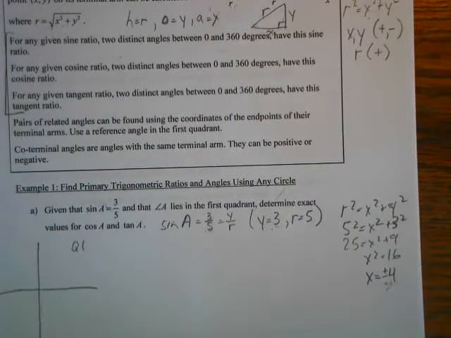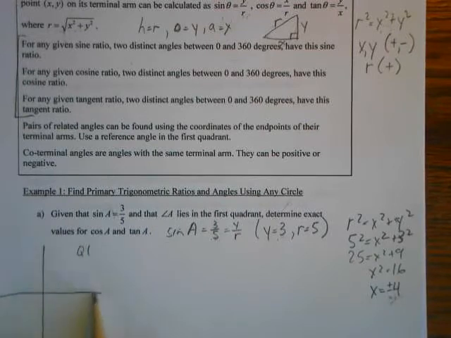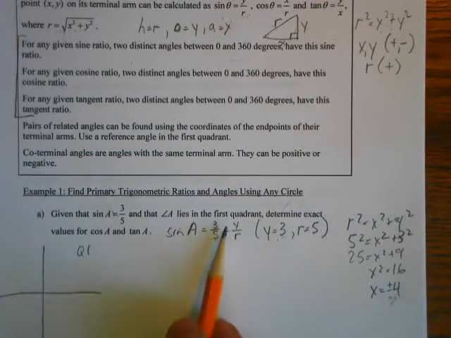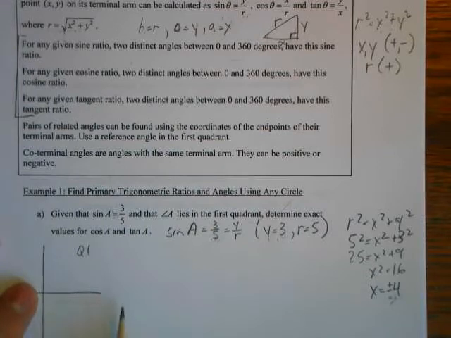Sorry about that, I had a little frog in my throat. Okay, so back to here. We know the angle is in this quadrant because they told us that. So you ask yourself, because right now we're not sure about the value of x for this ratio, we know it could be positive 4 or negative 4. But if we know it's in quadrant 1, we know in quadrant 1 x is always positive and y is always positive.